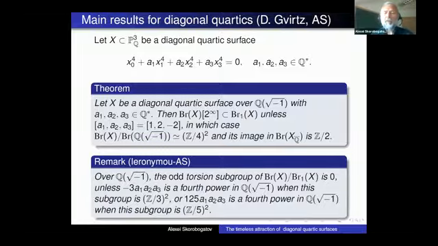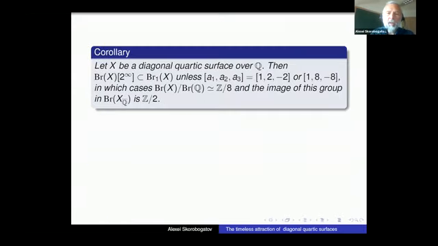And then there is a complete answer in terms of coefficients. It's not so important what this answer is. The important fact is this is fully determined now. So this is the main theorem for the Gaussian ground field, and as a consequence, one can obtain the result over Q.